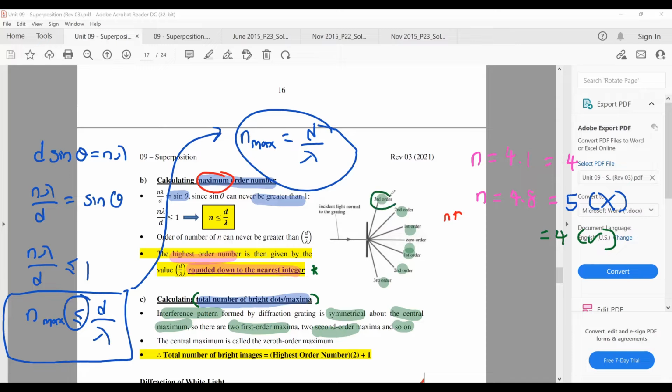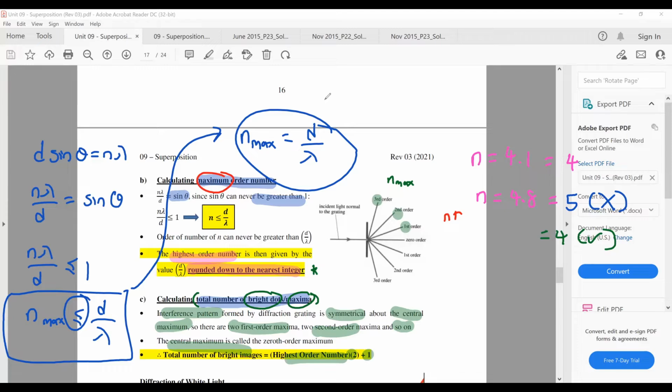So you see this one here, third order is your n max. Let's just say this is your n max right now. If we are asked to find the total number of bright dots or maxima, it means they want you to find the total number here. So an easy way to do that would be to take the highest order number, multiply by 2, plus 1. Because you see here, first, second, third, this one is already 3.